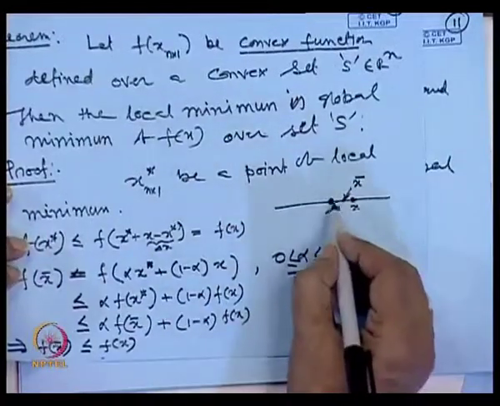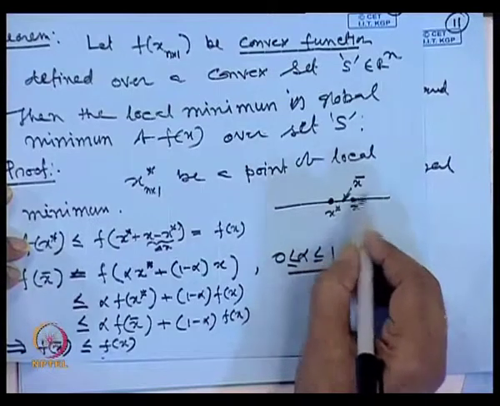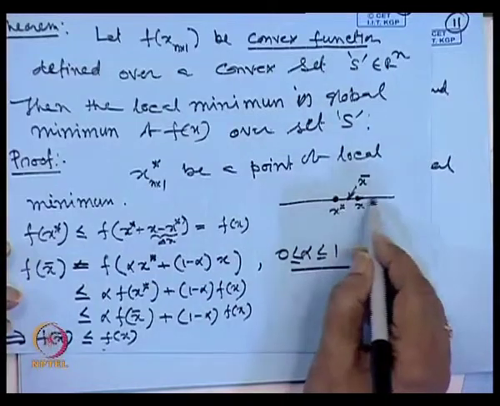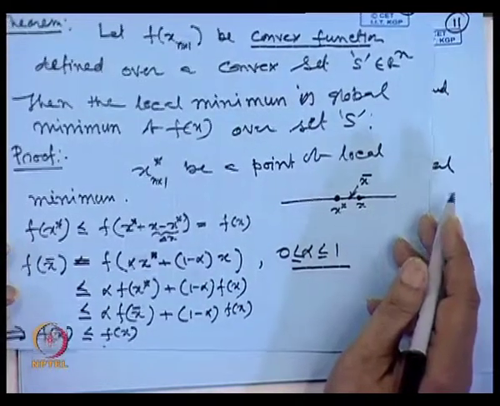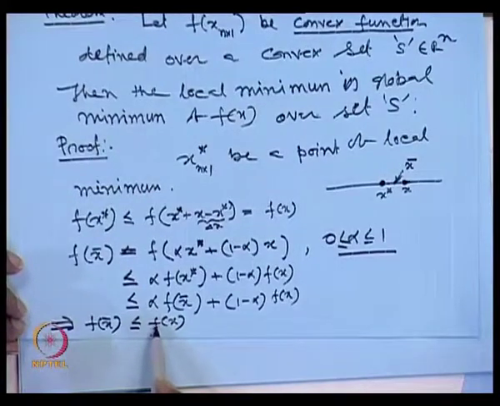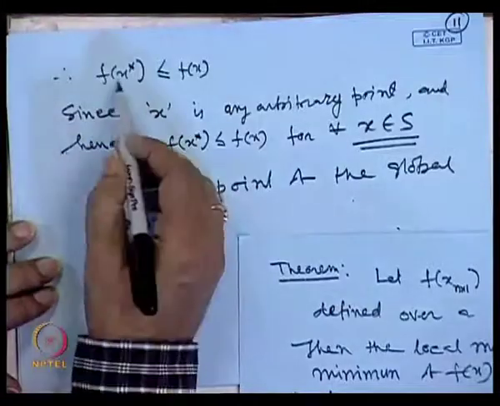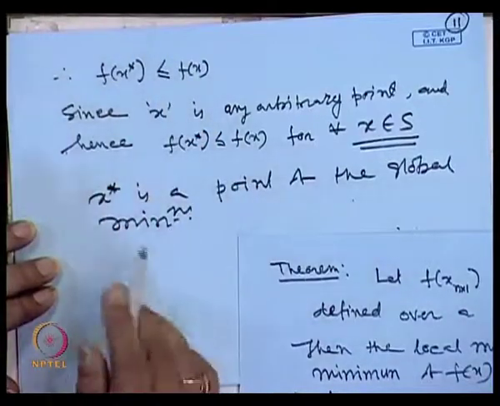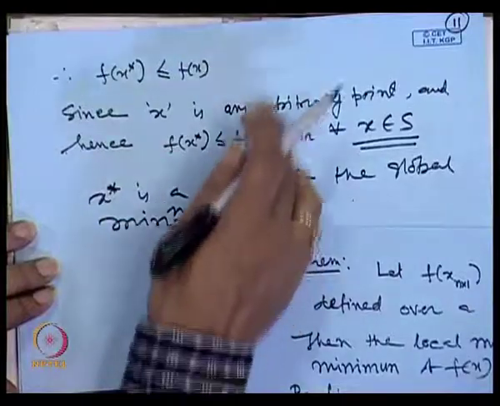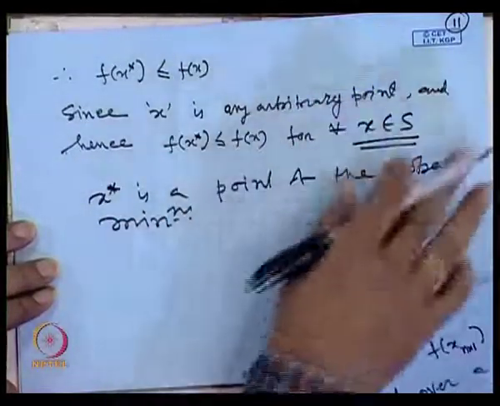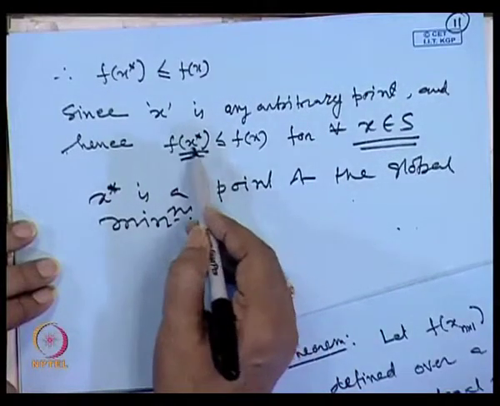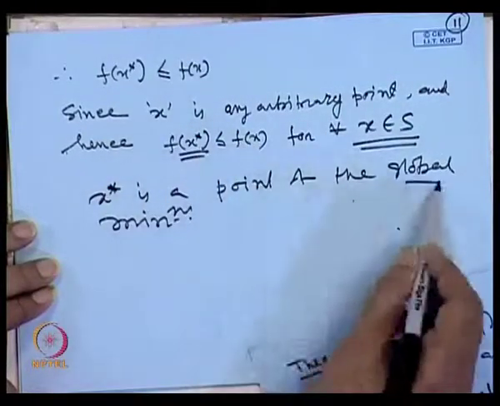Because these 2 points I have taken belong to that convex set, and x may be any arbitrary point, and we have shown that f of x star is less than f of x, it indicates that f of x star is less than the value at any point in the set itself. So, it is a global minimum.